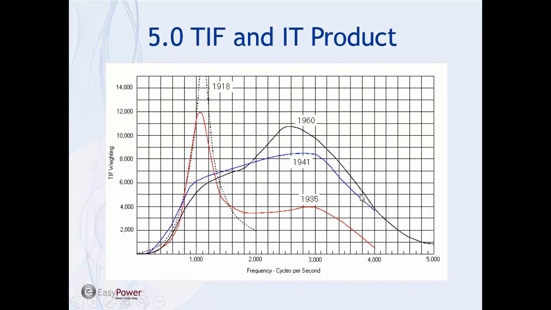So the weighting factor is not only showing the sensitivity of the communication equipment, the frequency bandwidth, but it's also showing you which harmonics audibly affect people the most. It's kind of a lumped combination of all those things.